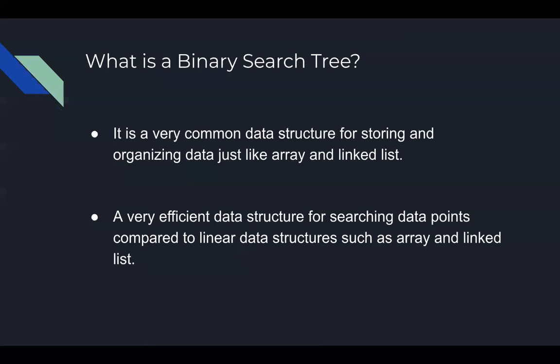And in doing so, the running time will be big O of n. But for a binary search tree, we don't have to do that, because due to its unique property, we don't actually have to loop through the entire structure in order to look for a specific element, and therefore this makes a binary search tree a lot more efficient than an array or linked list.